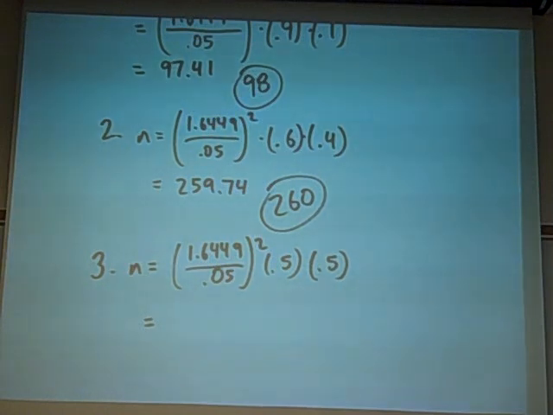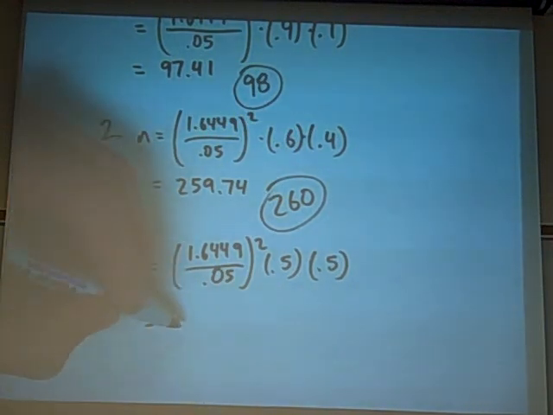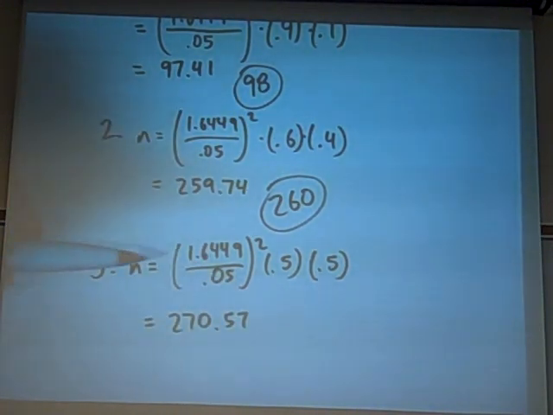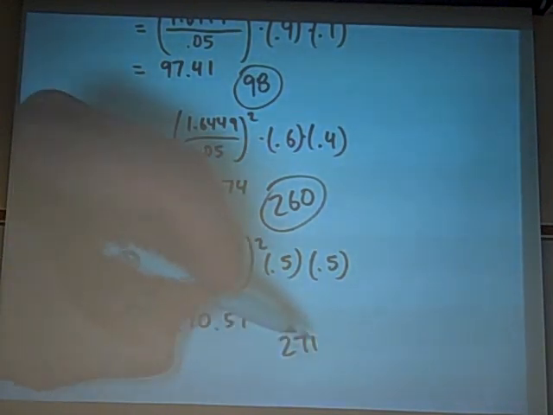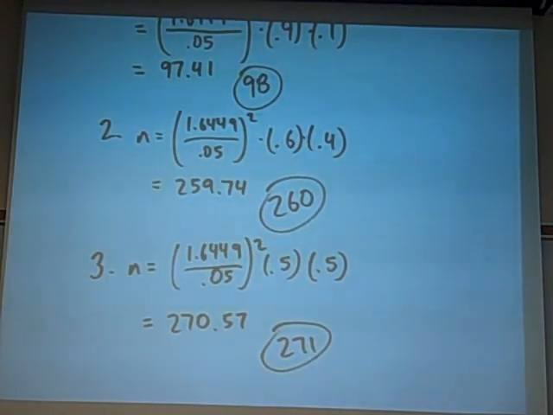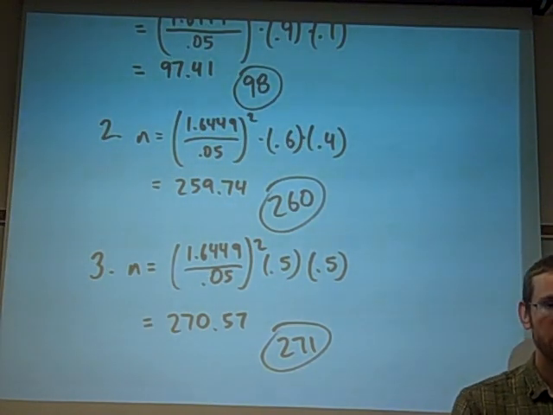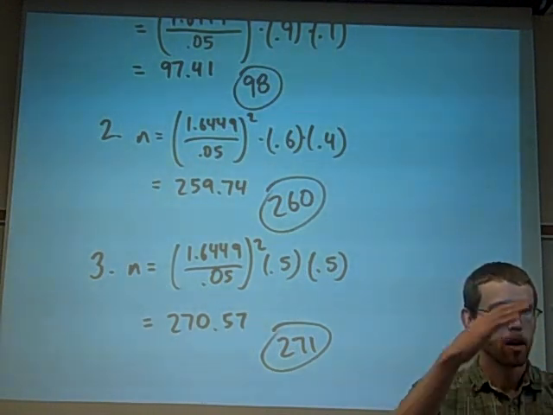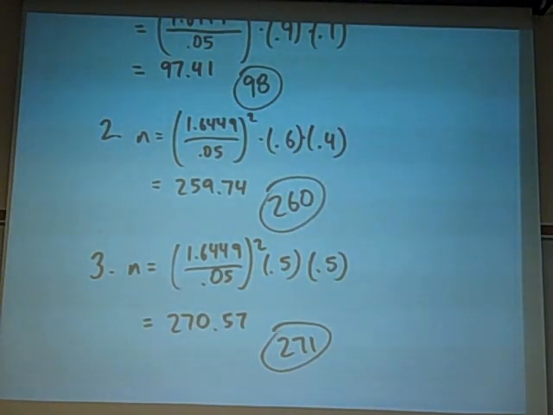And when I plug that in the calculator, 270.57. So maybe round it up to 271. Any questions on that? So you notice the closer your proportion is to the middle, the higher the sample size is. And remember that parabola kind of shows that as well.